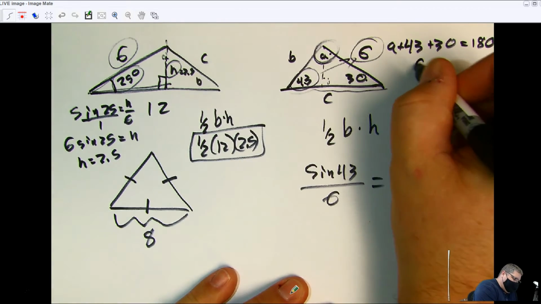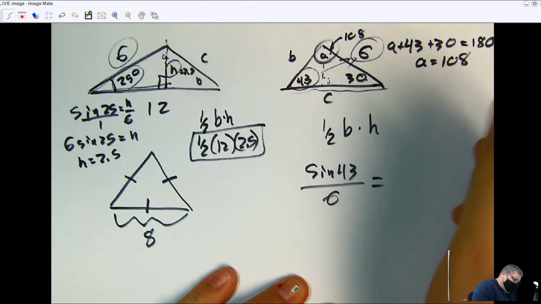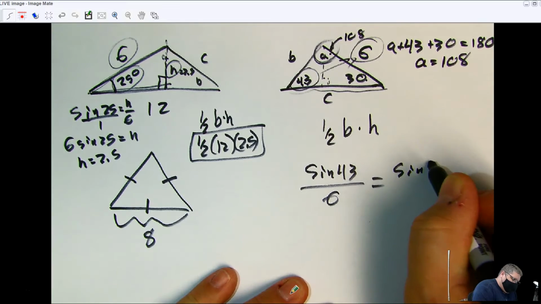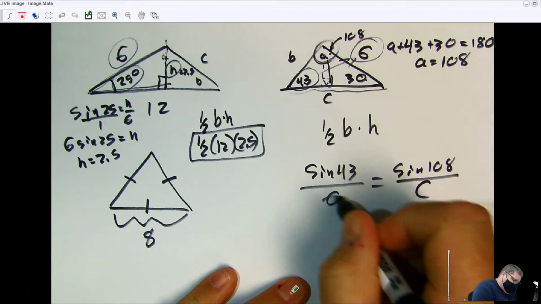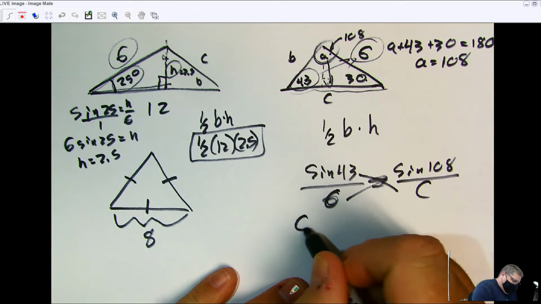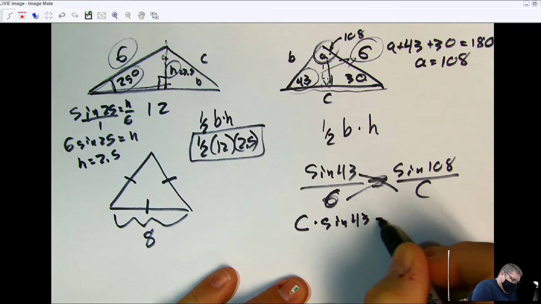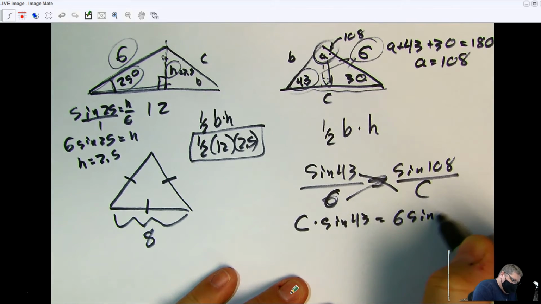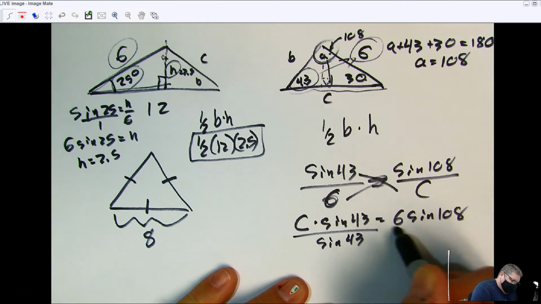Answer is A equals 108. So I can say sine of 108 over the thing I don't know, C, and now all I have to do is cross multiply. So I have C times sine 43 equals 6 sine 108, and then divide both sides to get C by itself. So I'm going to divide by sine of 43.